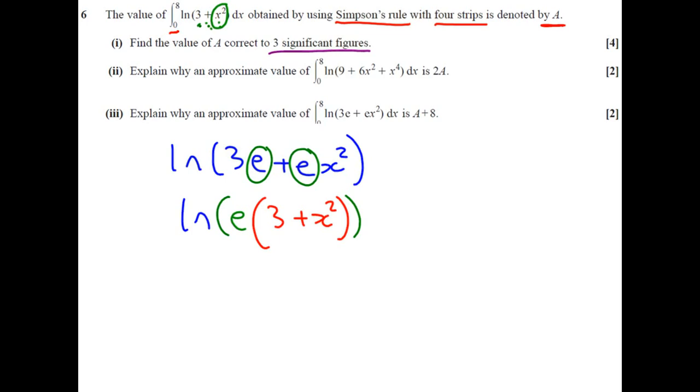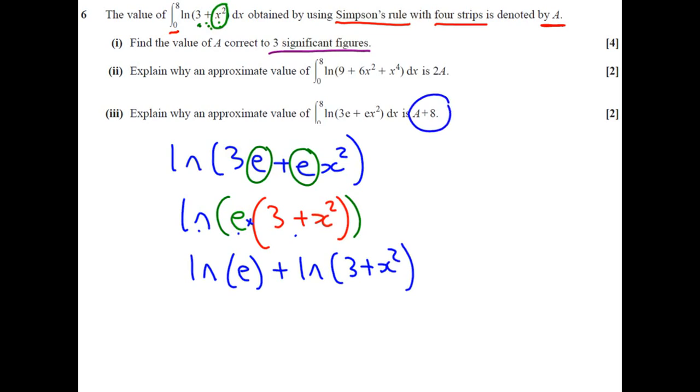So you might be able to see that we've got ln of that times that. Because of log laws, when we multiply, we add. So it's going to be ln of e plus ln of (3 plus x squared). Now we're trying to prove this, so we need to know why it's 8. If we are integrating between 8 and 0, we can do it one at a time.